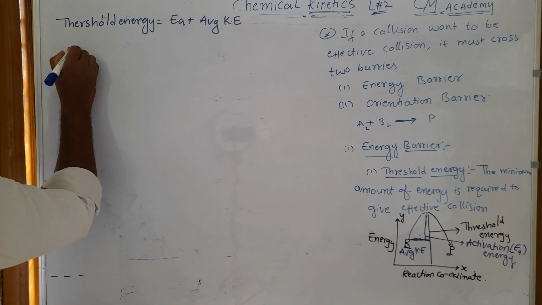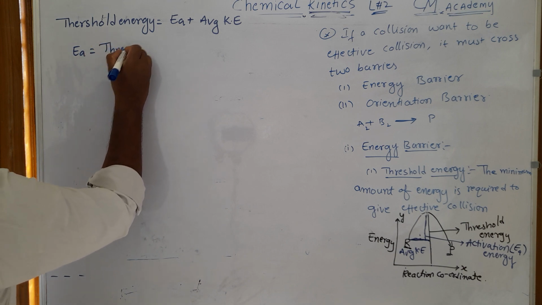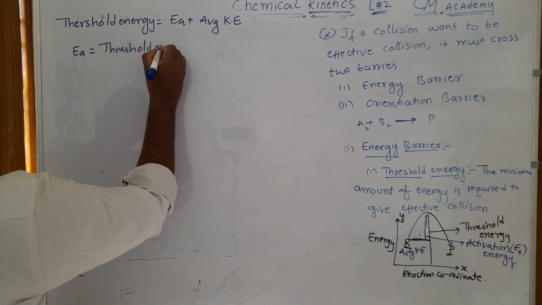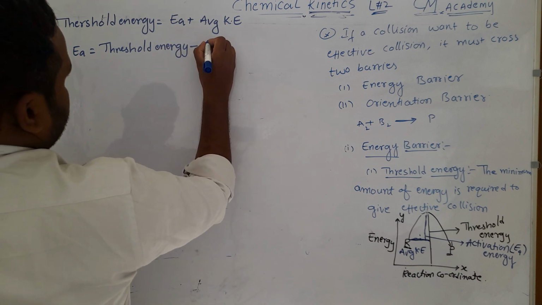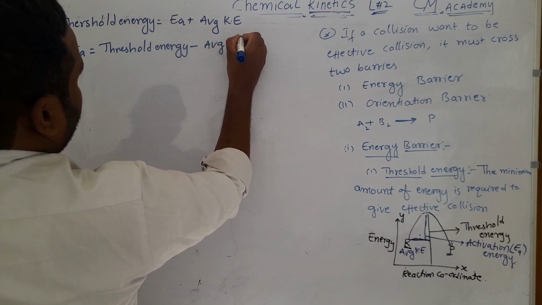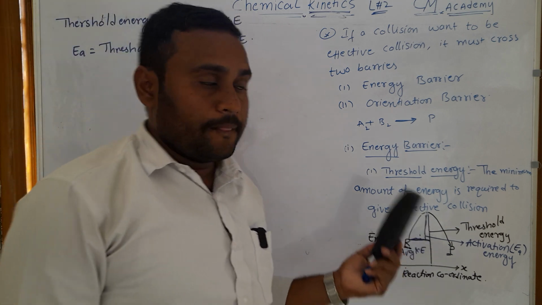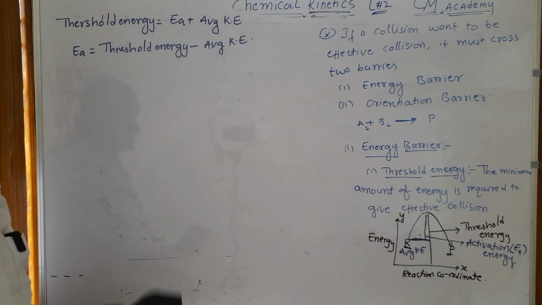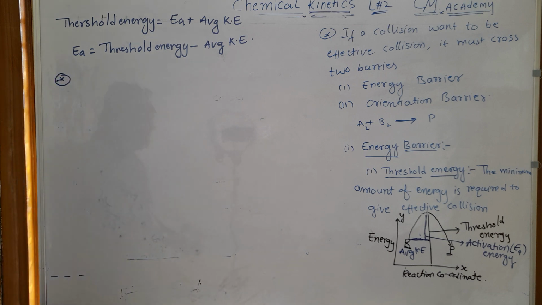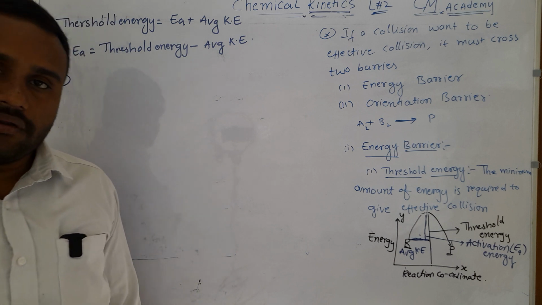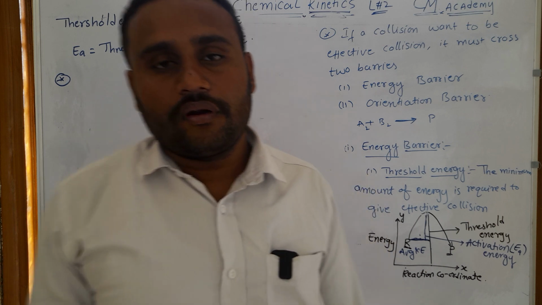So activation energy Ea is equal to threshold energy minus average kinetic energy. So in that way we are going to find out this activation energy.